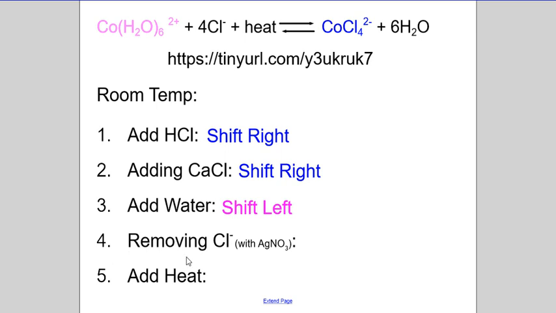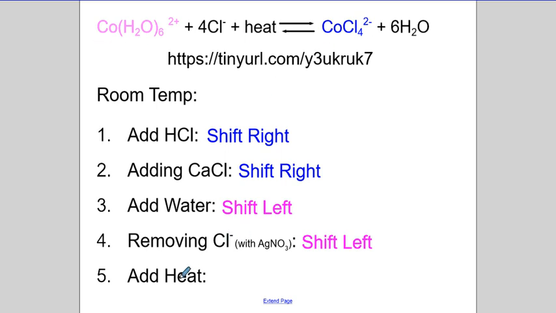So what he does with the 4th test tube is he starts with a bluish test tube here, and he removes chloride. So he's now removing this thing. Well, anytime you remove a chemical, it's going to shift to the same side that you just removed things from. So the blue test tube now shifts to being a pink color because it's shifting this direction.